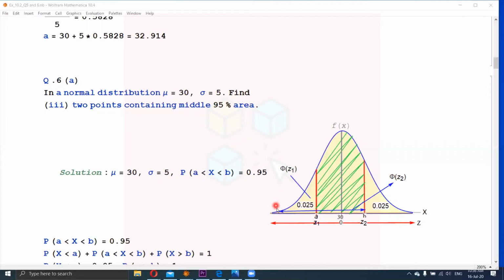So for obtaining A and B, we use three areas under the curve. First one is on the left tail, which is minus infinity to A, then plus the area A to B, then plus the area B to plus infinity.